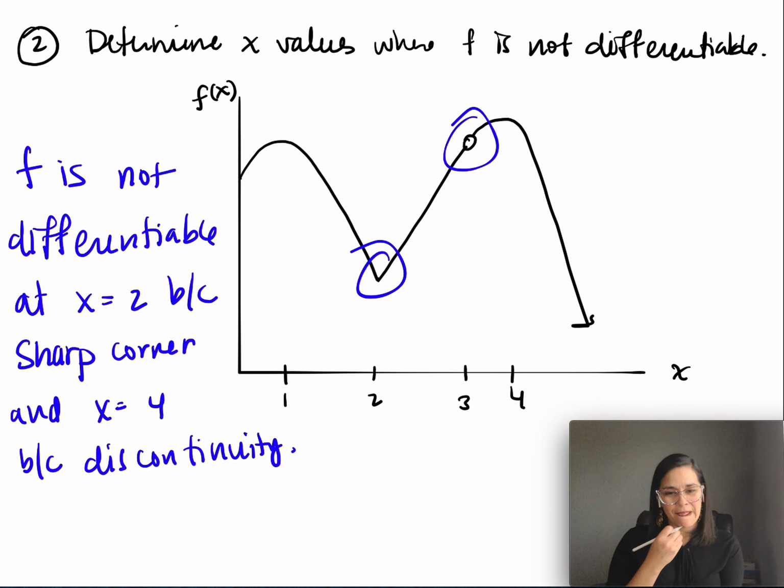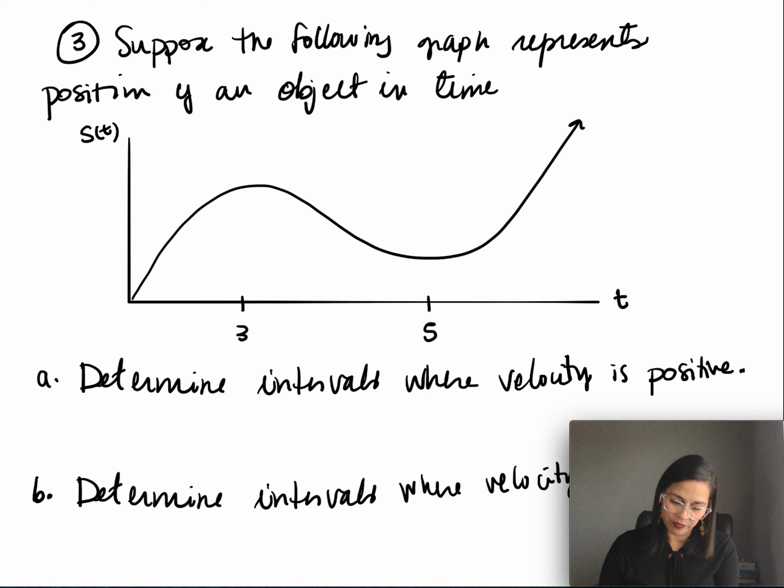Okay? Perfect. Now, suppose the following graph represents position of an object in time. Part A: determine intervals where velocity is positive. So we know that velocity represents change in position with respect to time.